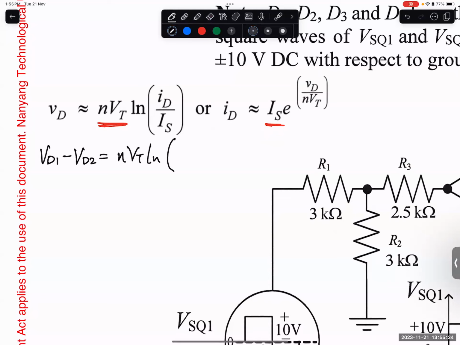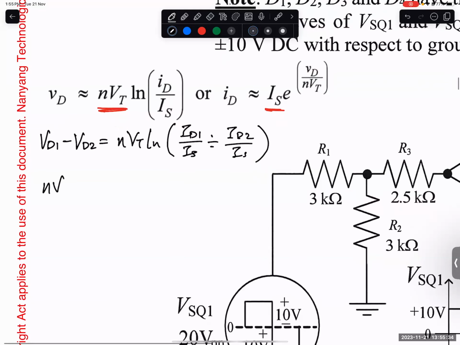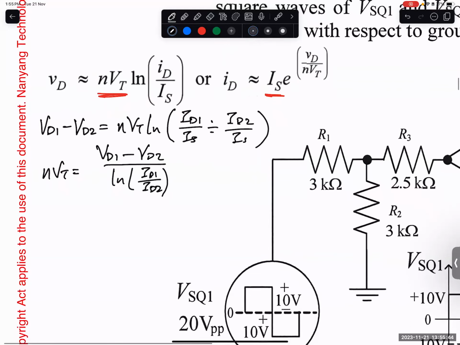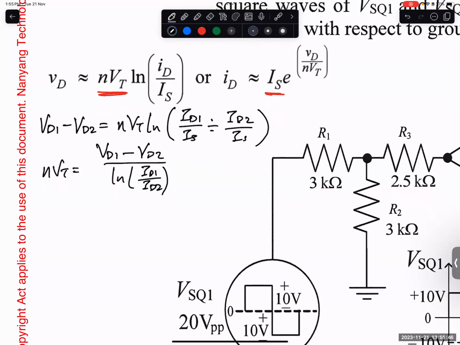Right, ln ID1 divided by IS divided by ID2 divided by IS. So NVT equals VD1 minus VD2 over ln ID1 divided by ID2. Okay, and in this case we have this NVT already.